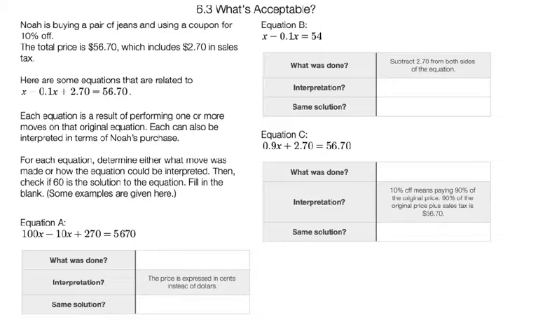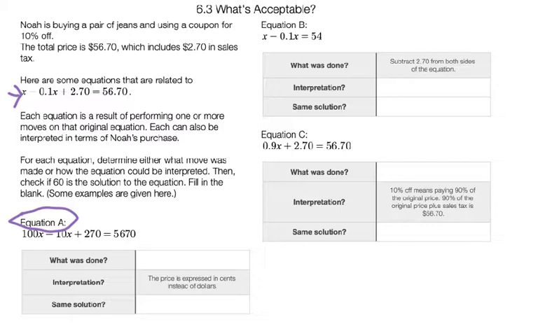We still have Noah. Noah is still buying a pair of jeans, no different. He's using a coupon. It's 10% off. We know the total price is $56.70. That includes $2.70. We've got an equation right here.